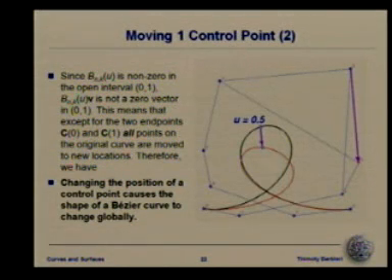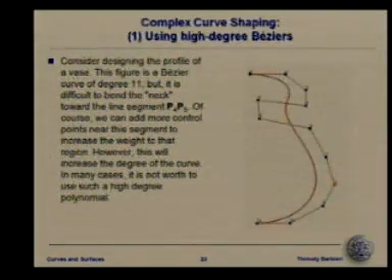Let's step a little back. In one way you want to try to elevate the degree of your curve in order to have more control points to manipulate. Because the problem, for example, with a low degree Bezier is that you have 3 or 4 control points altogether to move. That would not be enough if you want to get a complex shape.